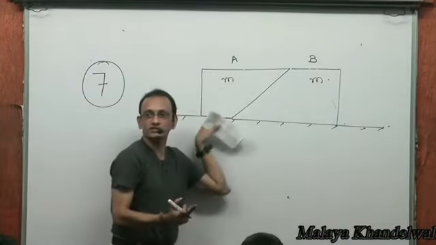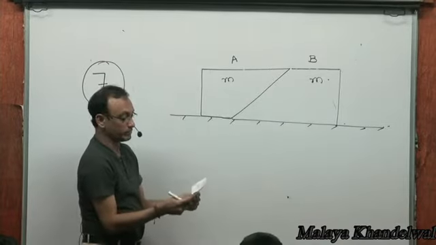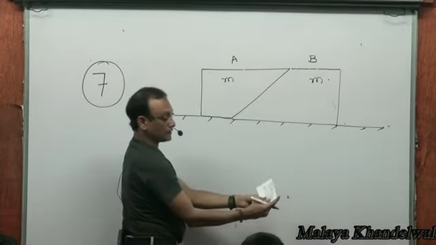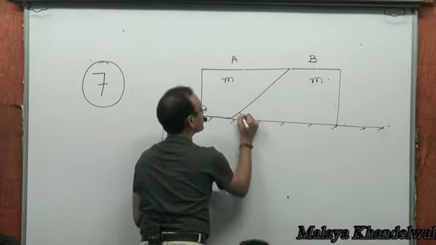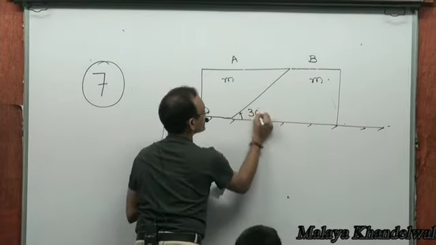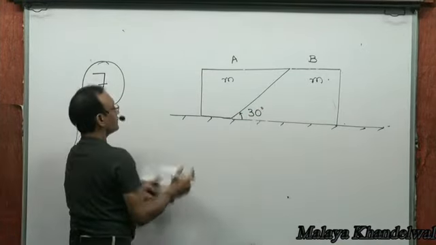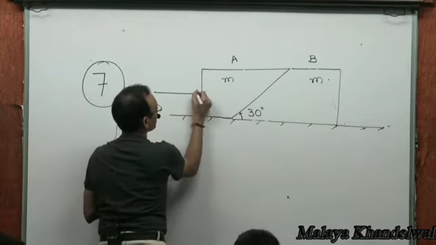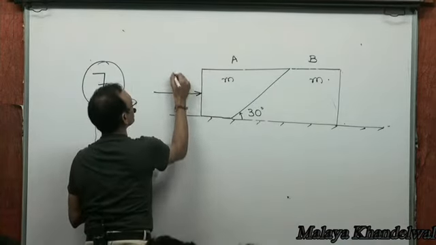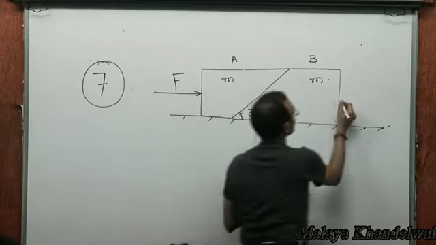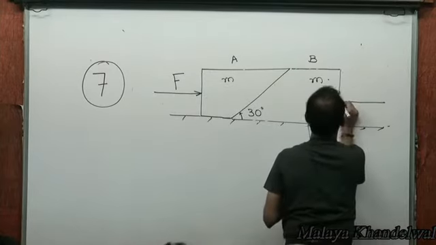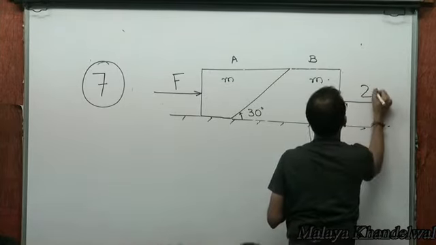This is their common interface. And this angle is given to be 30 degrees, right? This angle is 30 degrees. There is a force F applied on one block, and there is a force 2F applied on the other. Oh, both are small m actually.